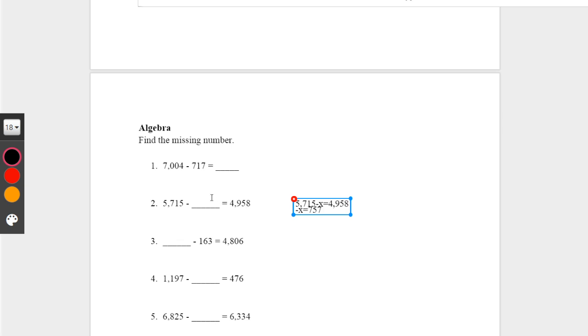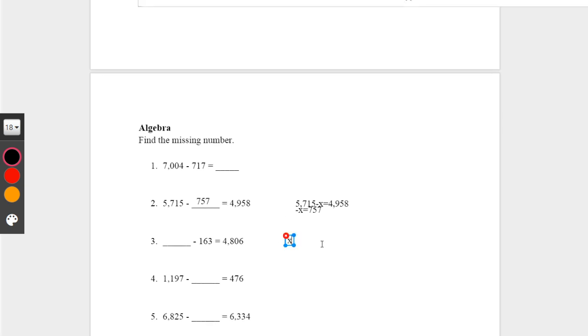Usually you would divide by -1 and -1 to get -757, but here it's already getting minus, so the x basically equals 757. So basically 5,715 minus 757 would equal 4,958.